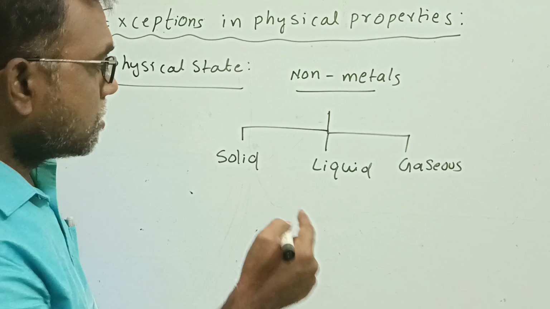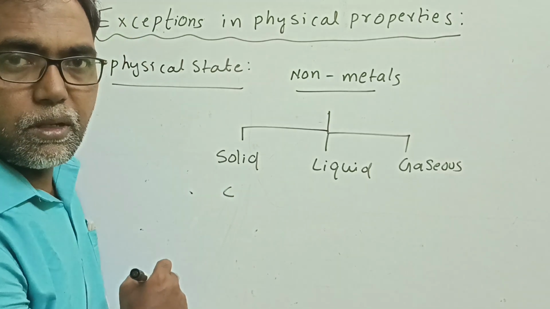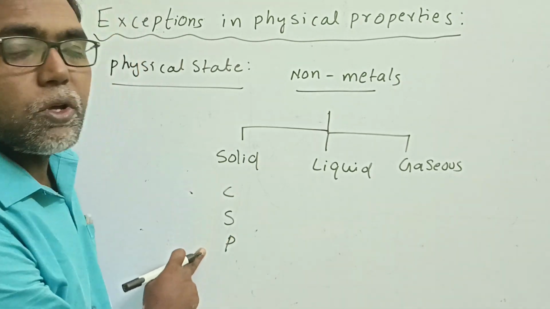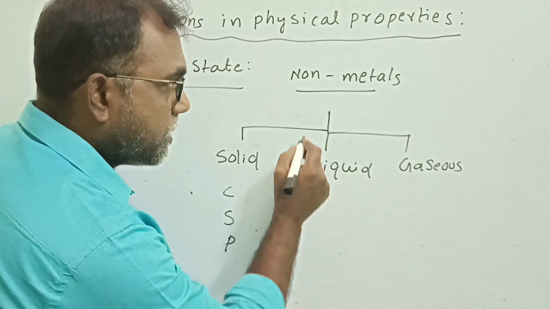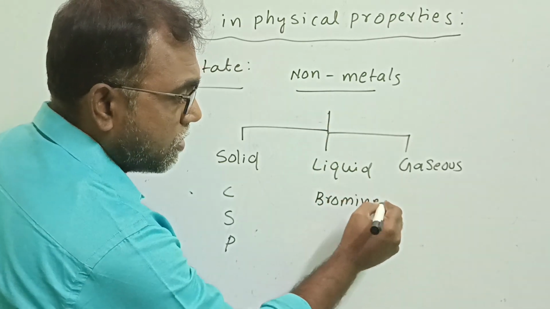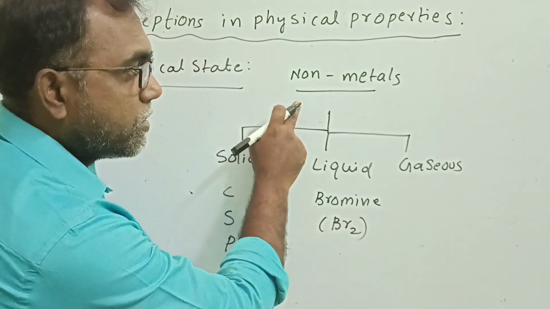So for solid state example you can take carbon, sulfur, phosphorus. These elements are solid in nature. And liquid state, we have only one liquid non-metal, that is bromine. Symbol is Br2. Bromine is a liquid non-metal.